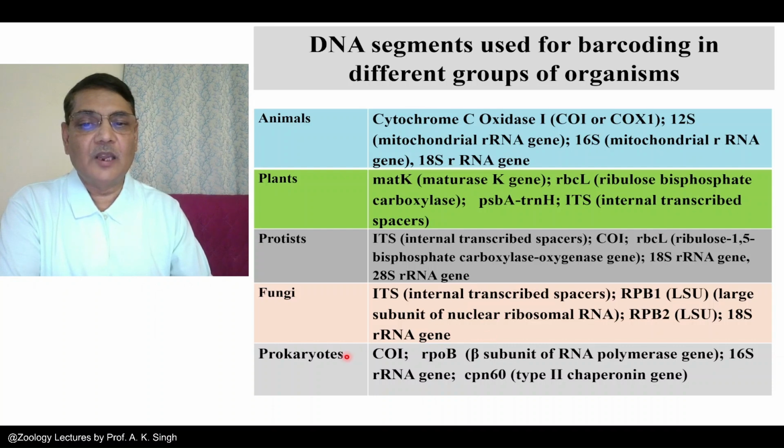And in case of prokaryotes also, the portion of DNA which is of taxonomic use is mentioned in this table. So you might have got idea that what is taxonomic characters. That is all those features which are actually used to identify an animal or any other species of organism, and then that could be used for taxonomic purpose.